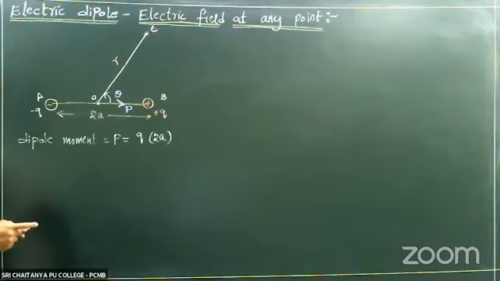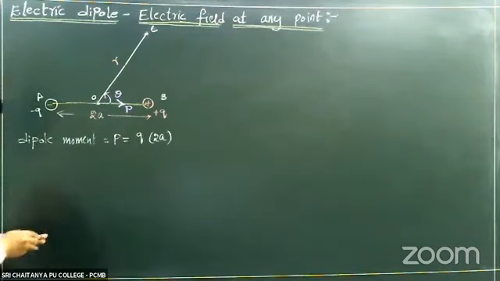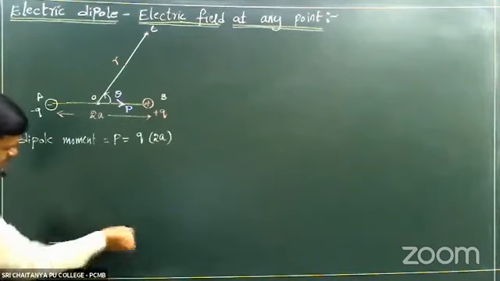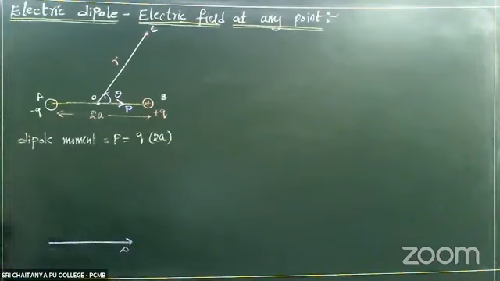For our convenience, just observe here. This is the given dipole, with the dipole moment represented by an arrow.